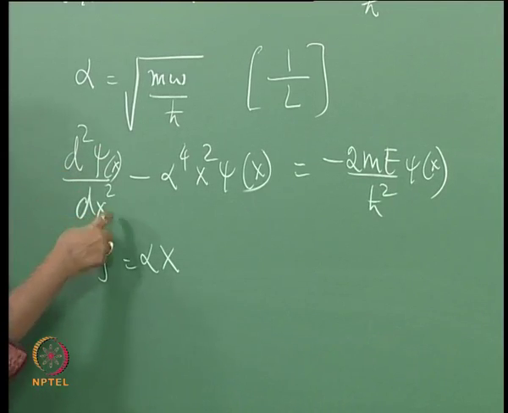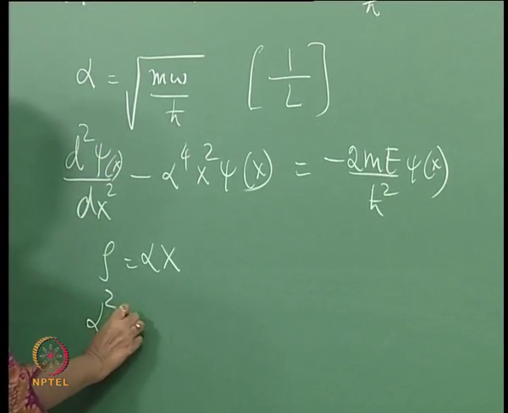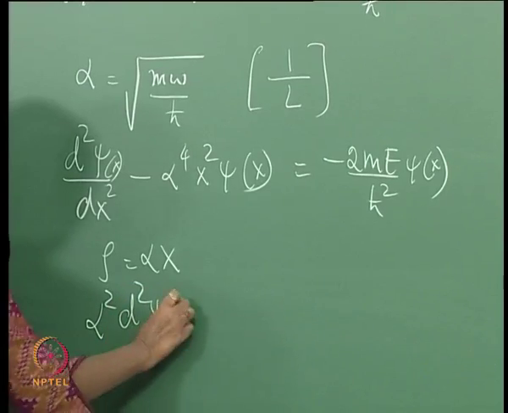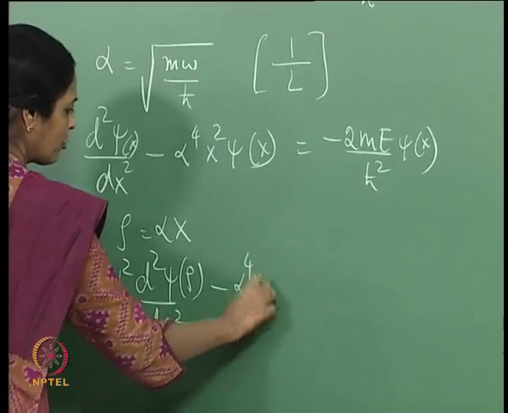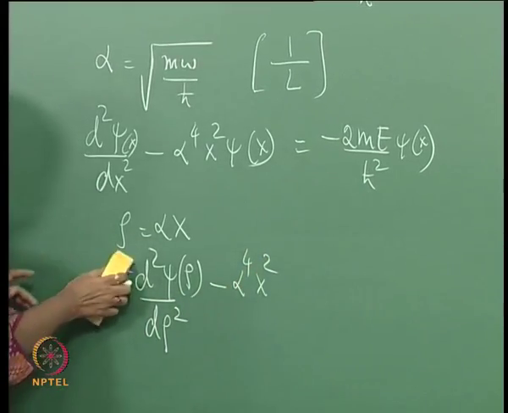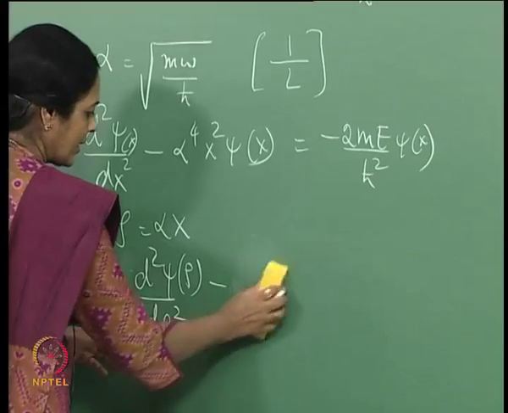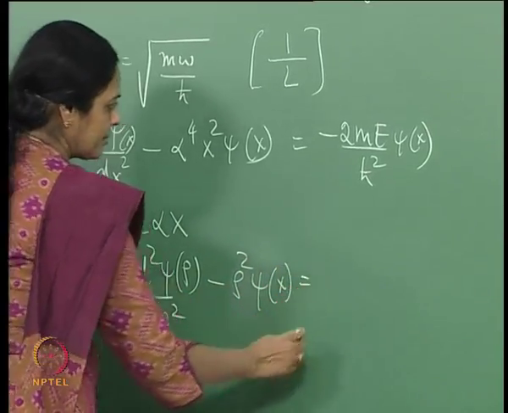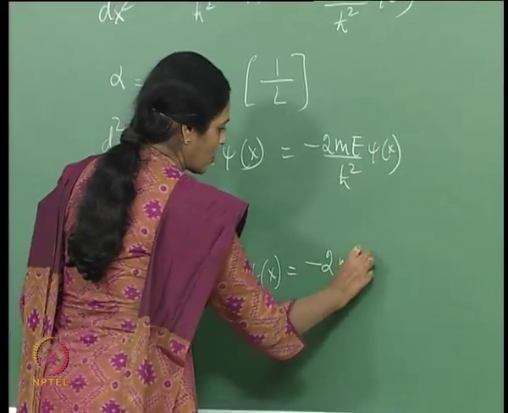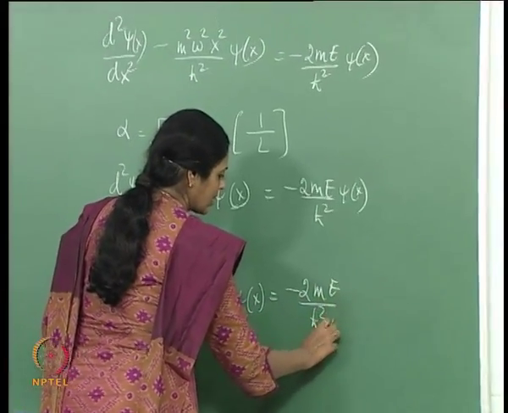For d2 psi by dx squared would become alpha squared d2 psi of rho now by d rho squared minus alpha to the 4 x squared. But then you see, if I bring down this alpha squared, I get a minus rho squared here, psi of x is minus 2mE by h cross squared alpha squared psi of x.